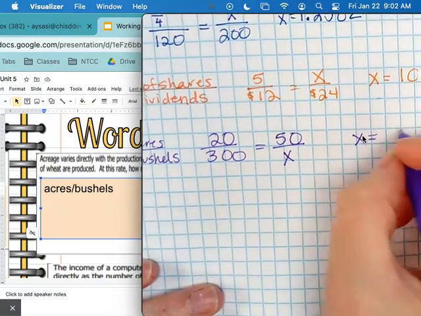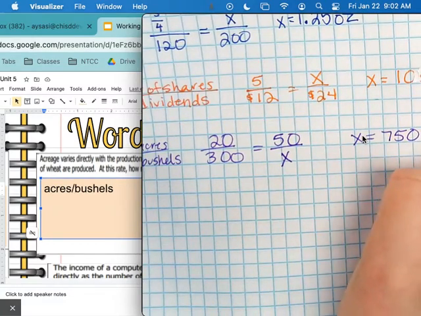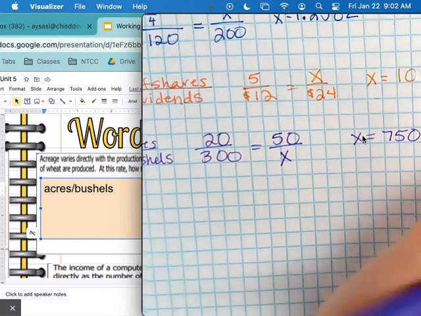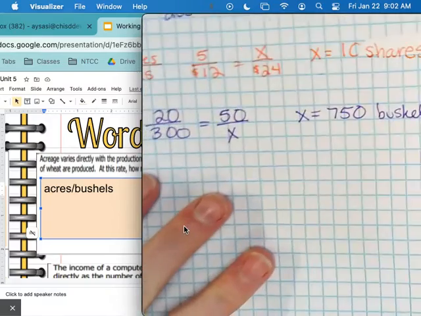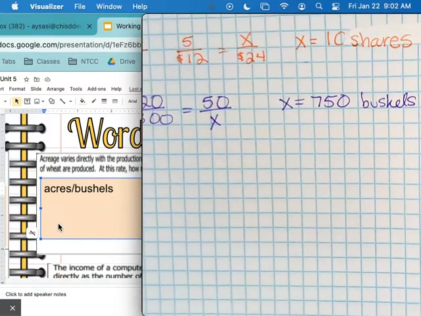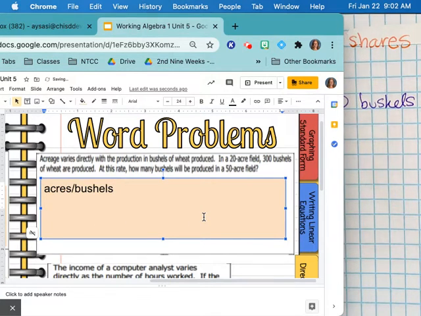What'd you get? 750 bushels. 50 acres, 750 bushels. Okay, so that's right. How many bushels will be produced with a 50-acre field? How can we write this in a complete sentence? A 50-acre field will produce 750 bushels.